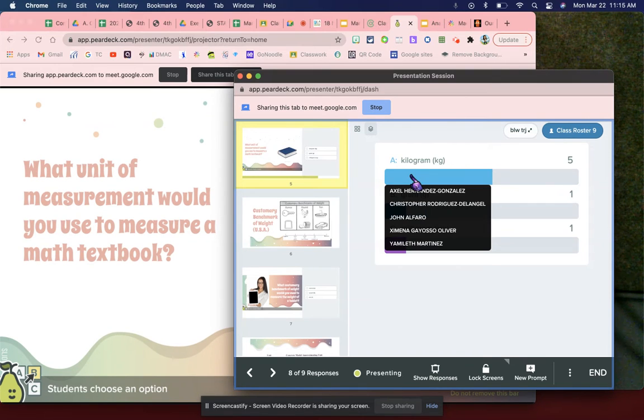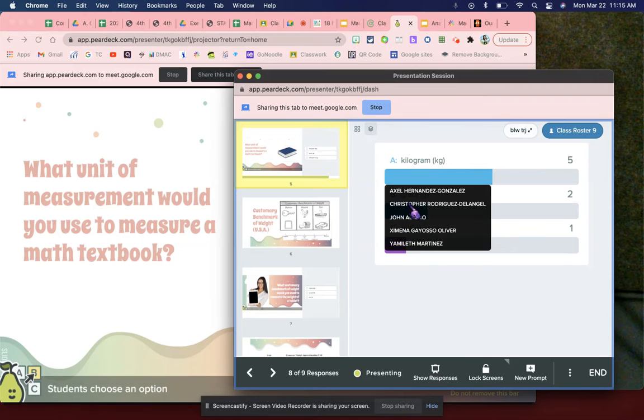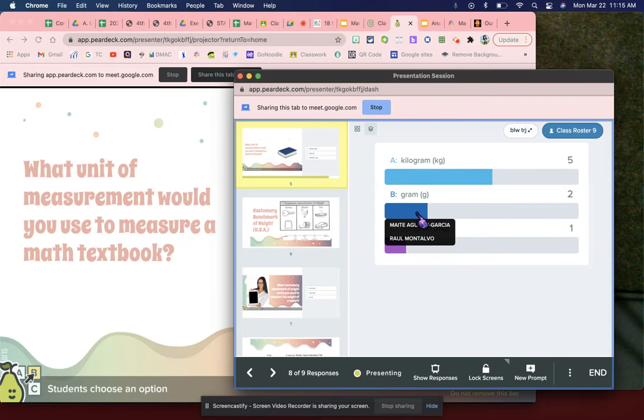Axel, Christopher, John, Jimena, and Jamilet said the kilogram. The gram, it was Maite and Raúl. And milligram was Braulio. So remember, Braulio, milligram es el más chiquititito, like a piece of paper, a small feather. A book, we would not measure using milligrams, porque nunca terminas. It would be a lot. The gram, Maite and Raúl, be careful.